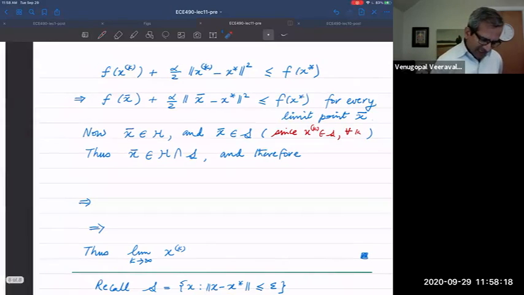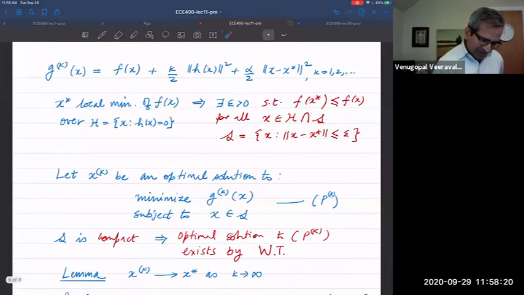Now let's go back and see the definition of our f of x star. It says that any point that belongs to the intersection of h and s must have f of x star less than or equal to f of x.